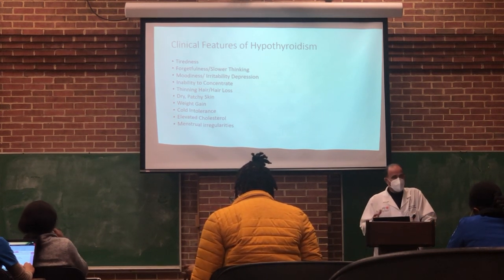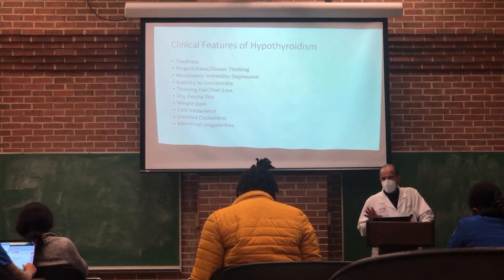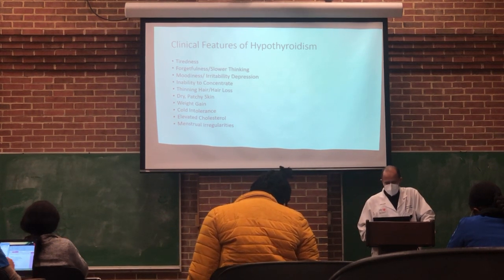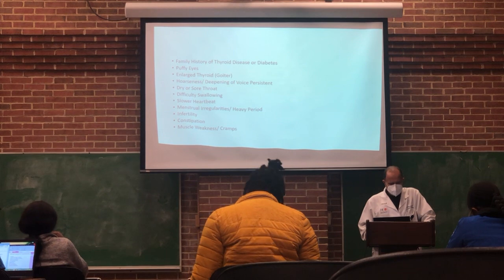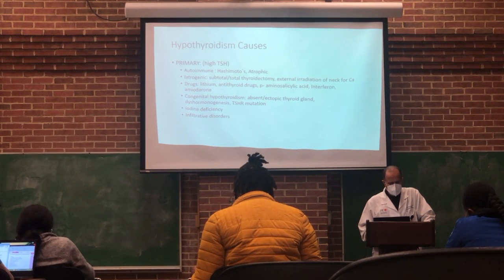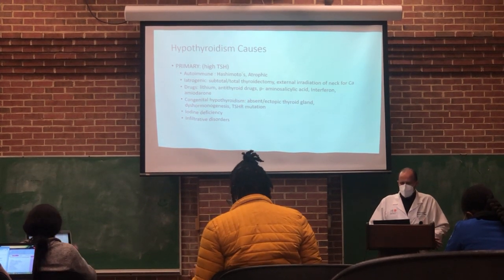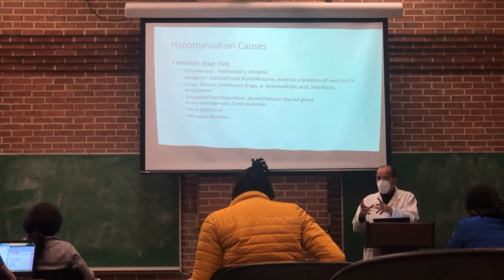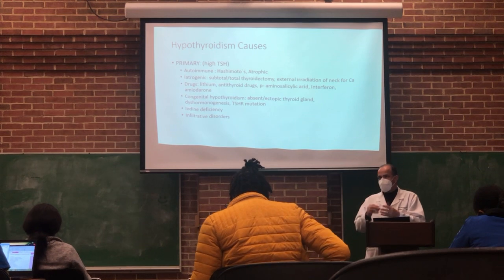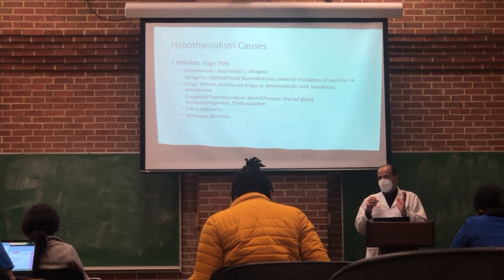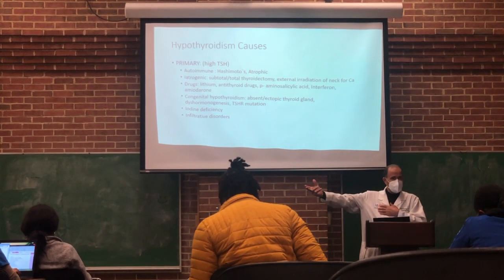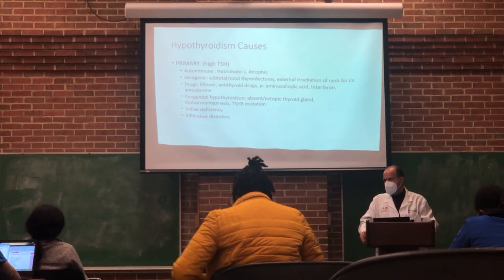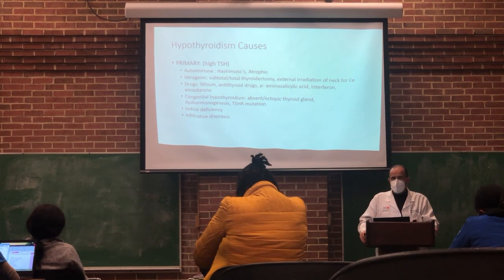And in a female, for Hashimoto or hypothyroidism, irregular menstrual cycle. When we say primary causes of hypothyroidism, it means in the thyroid. Secondary causes are in the pituitary. Tertiary causes are in the hypothalamus. I hope this is clear.